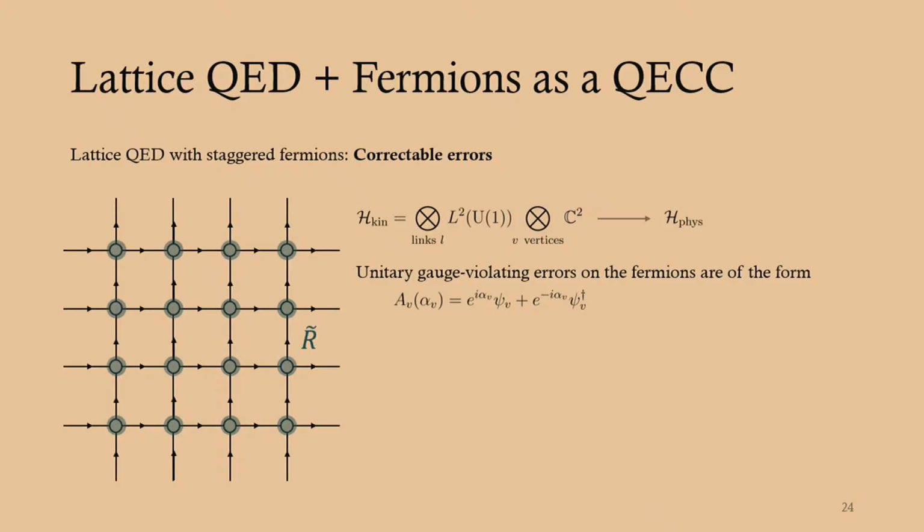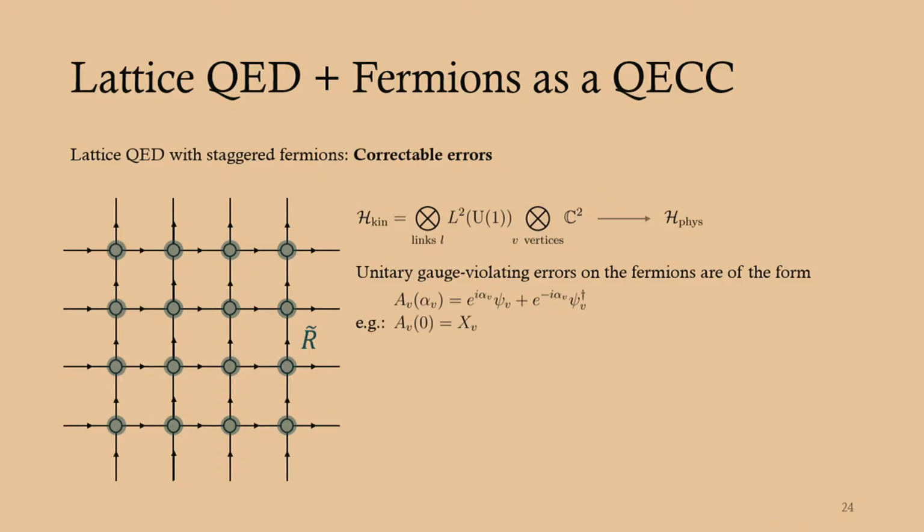And the errors on the sites can all be written in terms of psi v dagger, or products psi v dagger psi v, or psi v dagger. Now the only unitary errors I can form from this are of this form. So they are linear combinations of a creation and annihilation operator with some phases. So these are the errors which I can hope to correct on the sites.